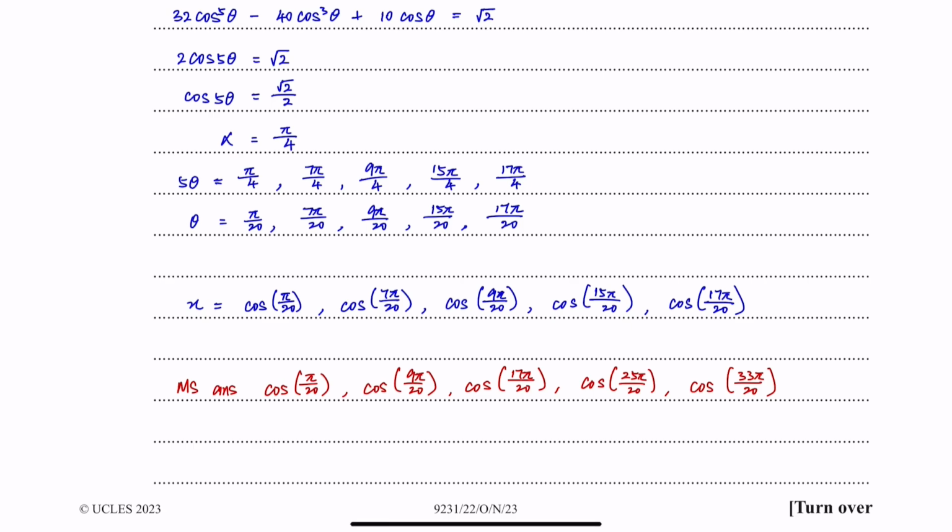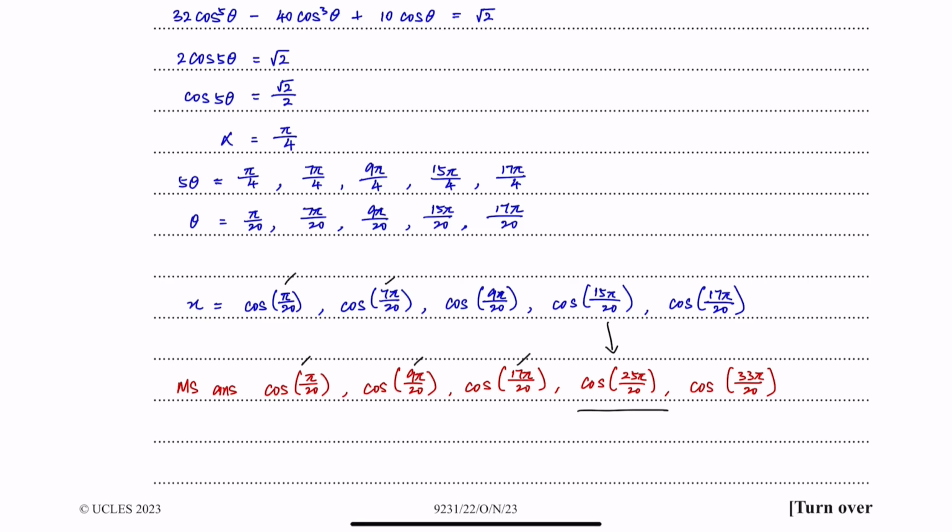But in the remark section, it also says that this will be the answer, and they also accept equivalent answers. And you can see that I have the first 3 answers, but for this one, it's actually equivalent to 15 over 20.